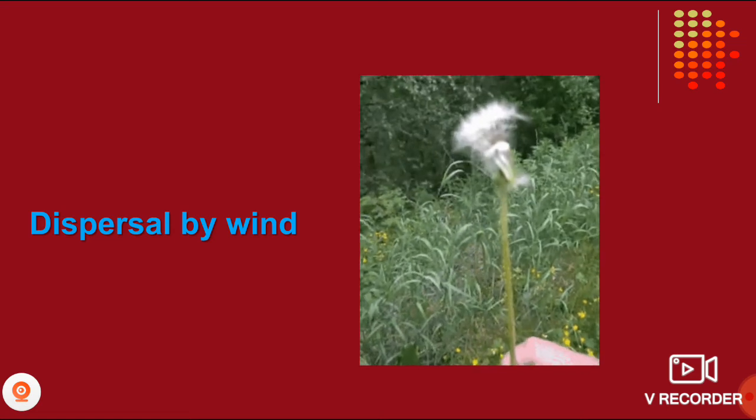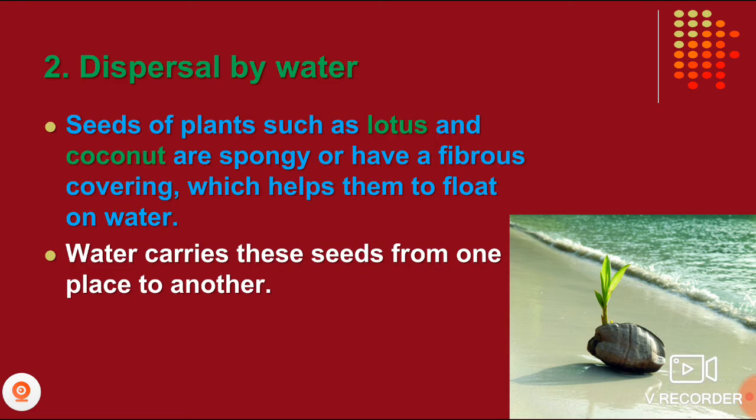Now we are moving towards another way of dispersal, which is water. How is water helpful in dispersal of seeds? Seeds of plants such as lotus and coconut are spongy or have a fibrous covering which helps them to float on water. You must have seen the coconut, and now this is the time of Navratri, so we all have an intact coconut in our home.